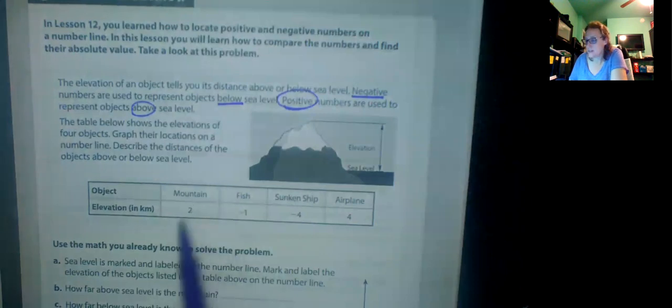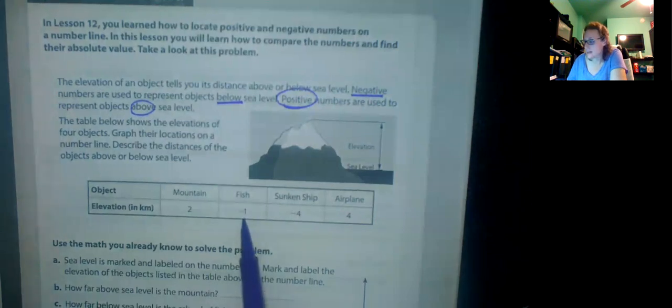So that means it is above sea level. The fish is at -1. The sunken ship is at -4. And an airplane is at +4.